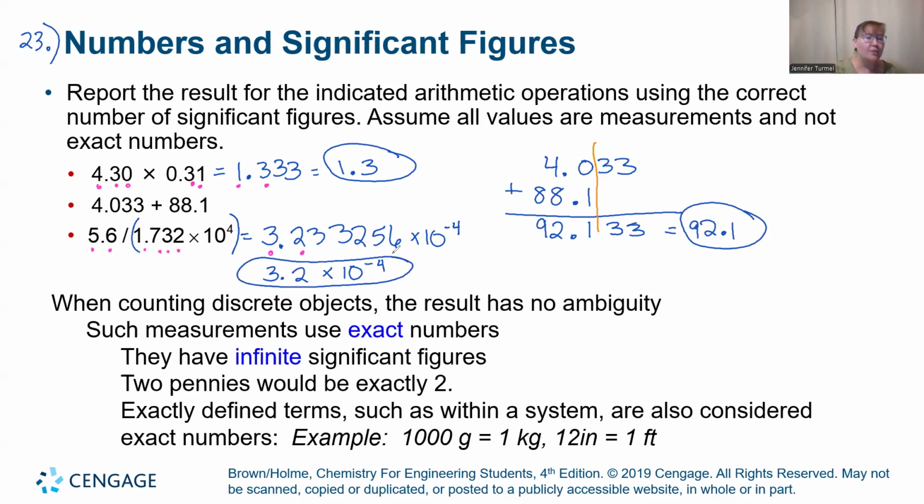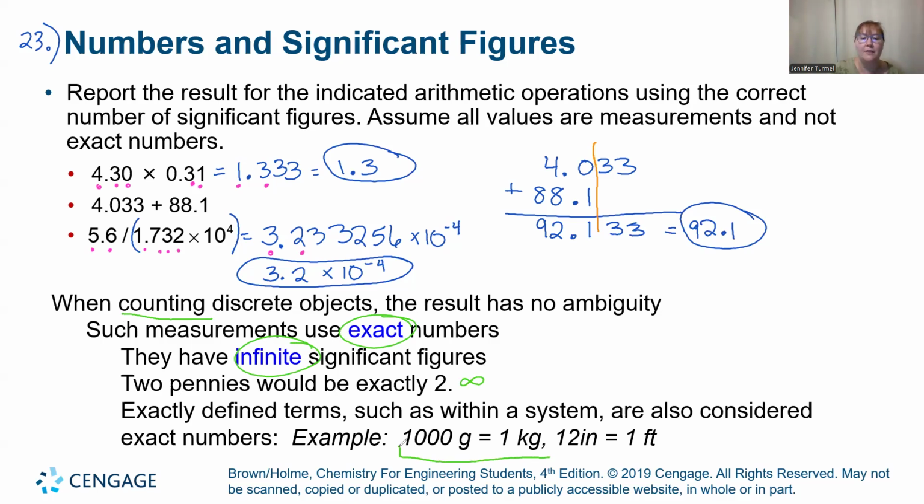Okay, now let's just kind of go over a few things left over here. So when we're counting, and that's a big word here, counting discrete objects, the result has no ambiguity. And that means that it's exact and it has infinite significant figures. So 2 pennies is exactly 2 with an infinite number of significant figures. Also defined terms within a system.